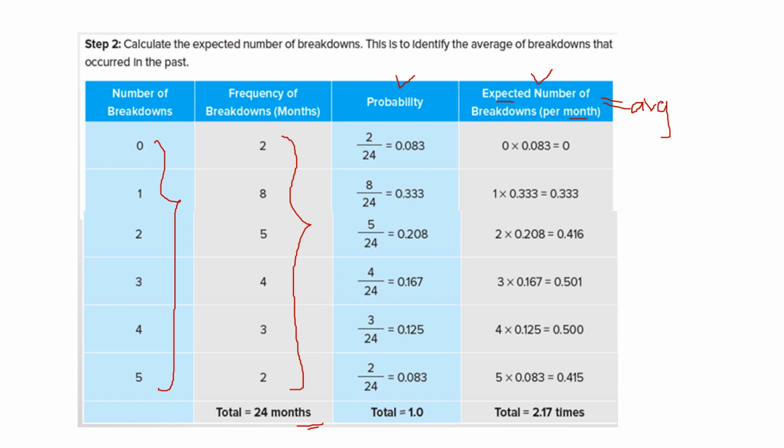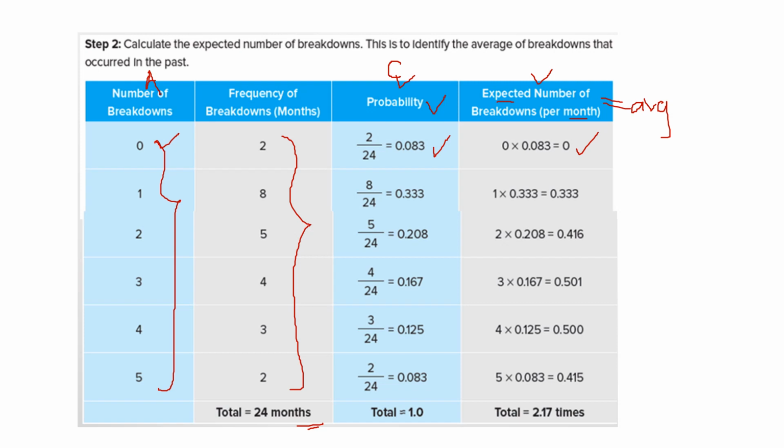So how to calculate the expected number of breakdown per month? It is where you focus on column A over here, multiply with column C. Okay, we have calculated probability just now. So you just take 0 times 0.083, then this is the first answer for the expected number of breakdown for data number 1.